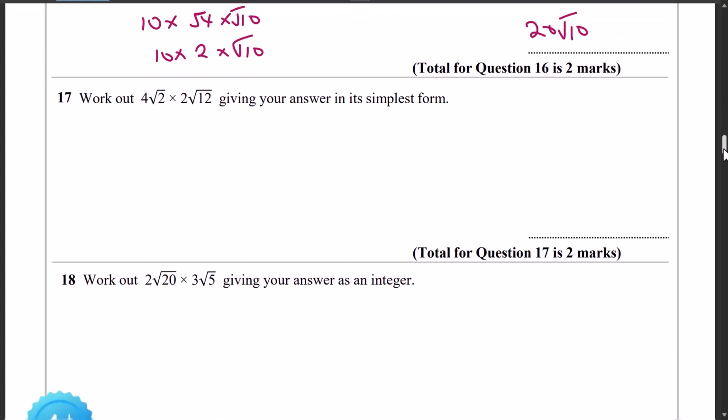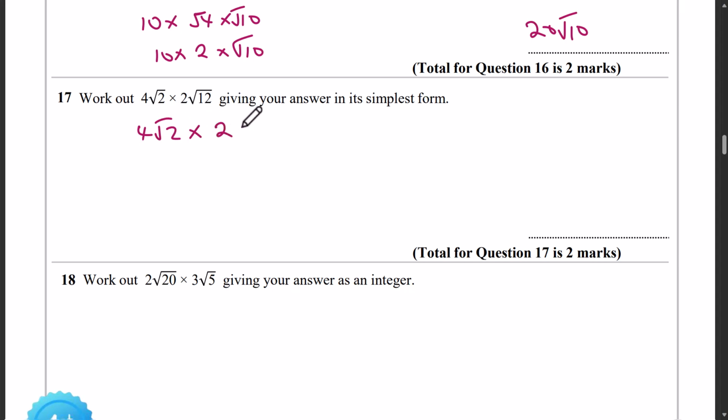And next is number 17. So this is 4 root 2, and I know the 12 can be split as well. First, you have 2, and the 12 can be split as root 4 times root 3. Now, of course, root 4 is 2, so here is 2 times root 3. On the left side remains 4 root 2.